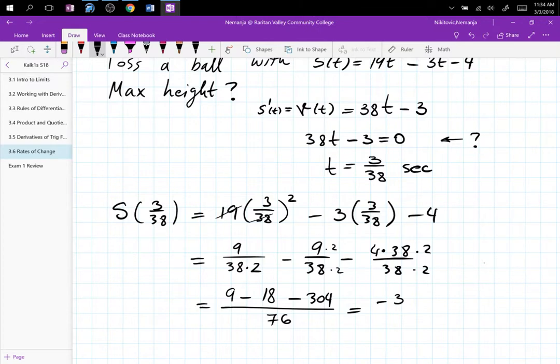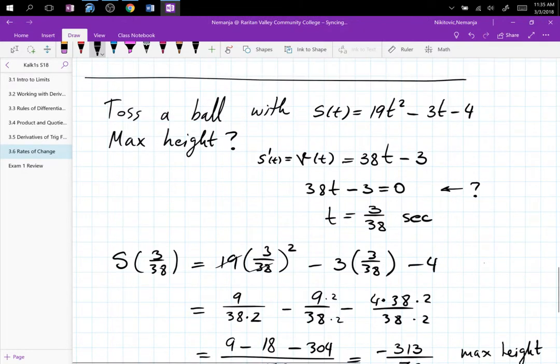Not too happy with the answer, but whatever. I just made up random numbers. So that will be max height. I just had, you know, bad numbers. So, oh, because I used minus 4, that means that I tossed the object 4 under.